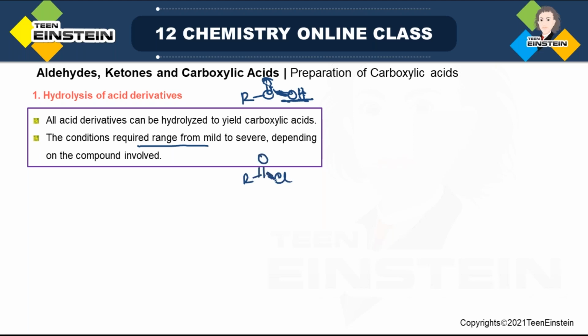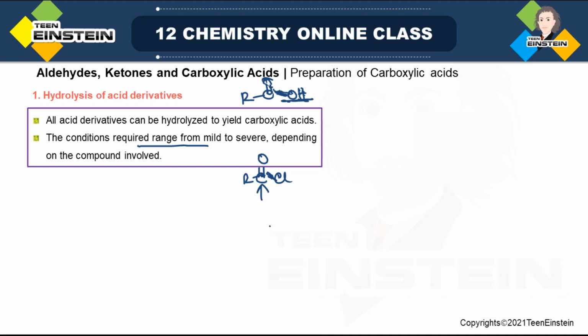Because Cl has some electron withdrawing power, so it will increase the electrophilic character of this carbon. Electrophilic character means a nucleophile can easily attack, and in this case the nucleophile is water. So H2O will attack this carbon. If this carbon is very electrophilic, that means it is very electron deficient, so it is attacked by the nucleophile, which is electron rich, easily. That is why RCOCl is a very reactive derivative of carboxylic acid.